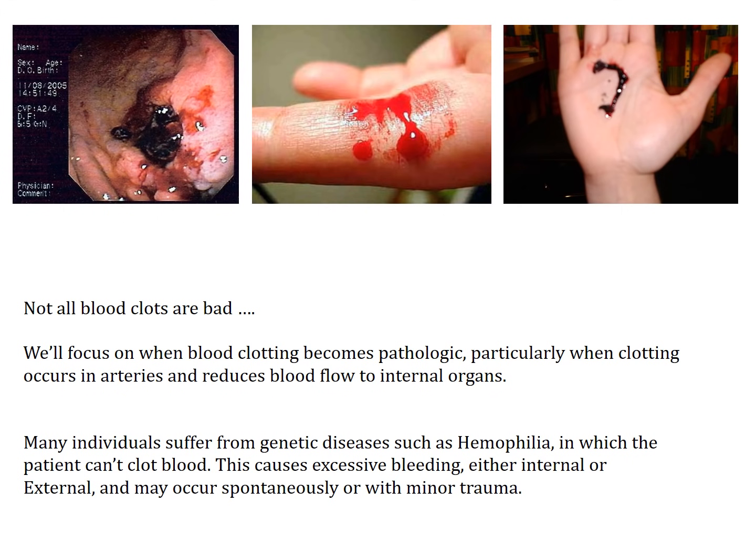People can suffer from excessive bleeding, such as hemophilia, where they don't have the ability to clot blood, or people can suffer from spontaneous clotting, therefore they suffer from excessive amounts of DVT or pulmonary embolism or some other type of clot. So we're going to try to address excessive bleeding and clotting in this next hour or so. So let's move on.